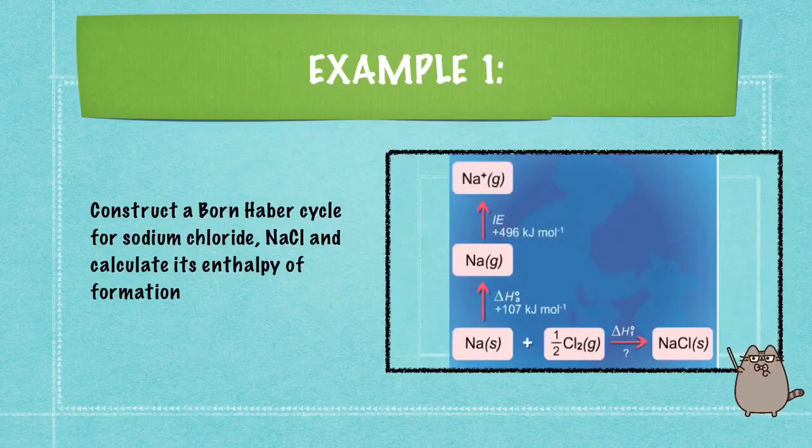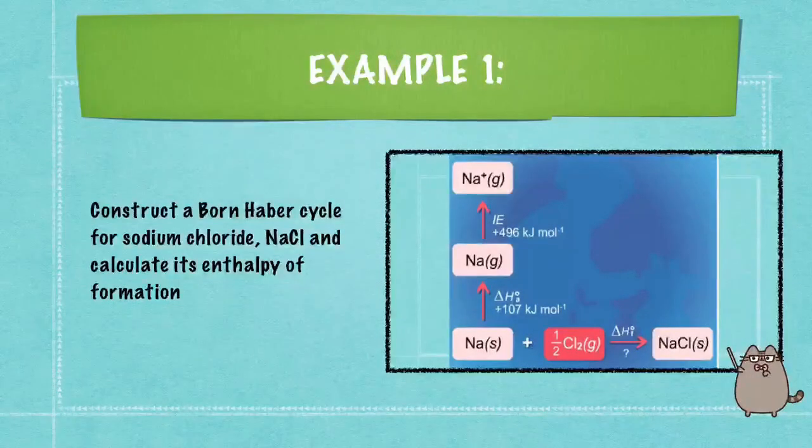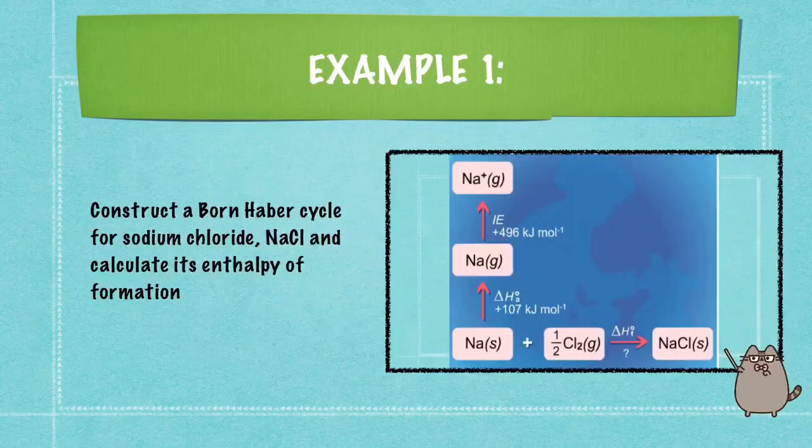Now, the formation of sodium ions requires additional energy equal to the ionization energy. Chlorine is gaseous under normal conditions, but it is made up of diatomic molecules. Therefore, the formation of gaseous atomic chlorine requires the enthalpy of atomization.